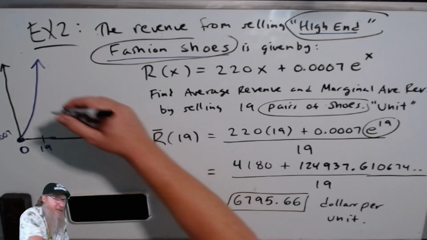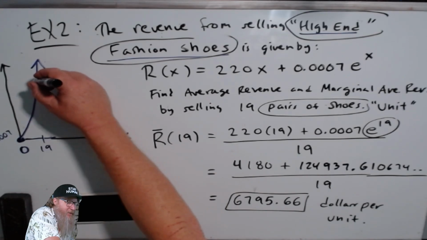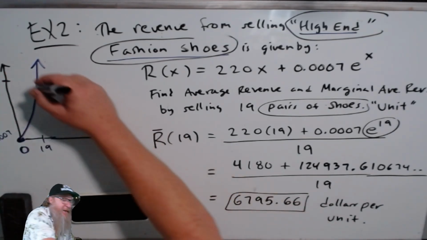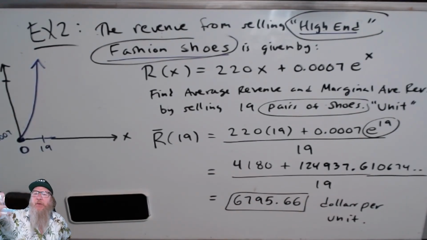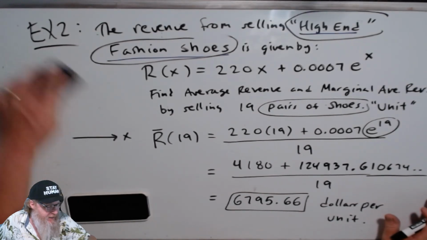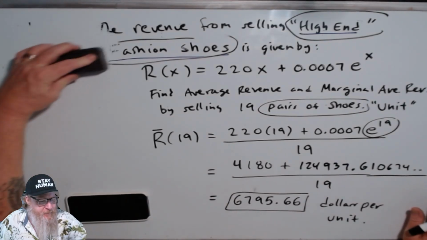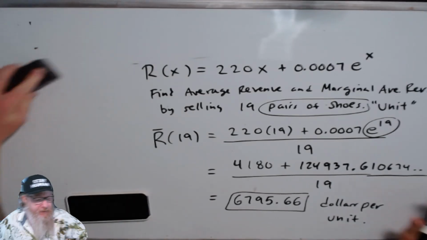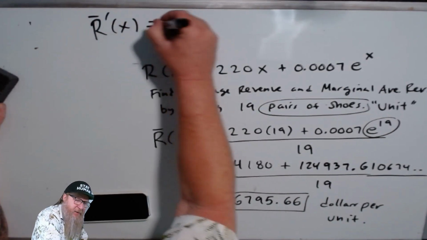Now, what's crazy about this problem is that's how much money you're making here, on average. But now we want to know how fast the revenue is going up. So that's the one where you take the derivative, right? And you can kind of see what's going on here. The revenue is increasing very rapidly. So let's do R hat prime.